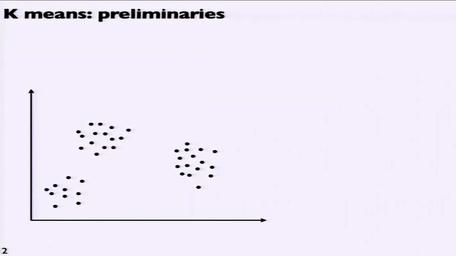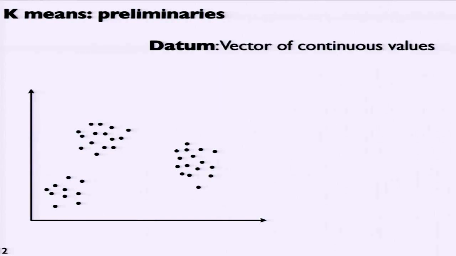Okay, so let's get into k-means itself. But before we do k-means, we need to build up just a little bit. So first of all, what is our data here? Well, the data that we're assuming is a vector of continuous values. I'll get to that more in a second. But we're thinking of numbers that exist in a variety of different values. So our example with the archaeological dig is very straightforward and very appropriate to this discussion.